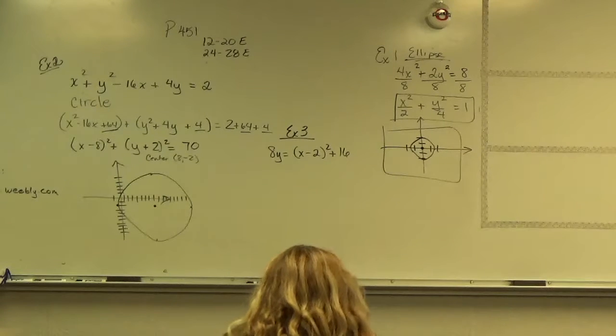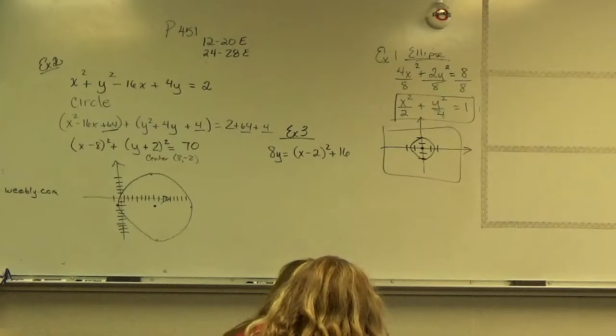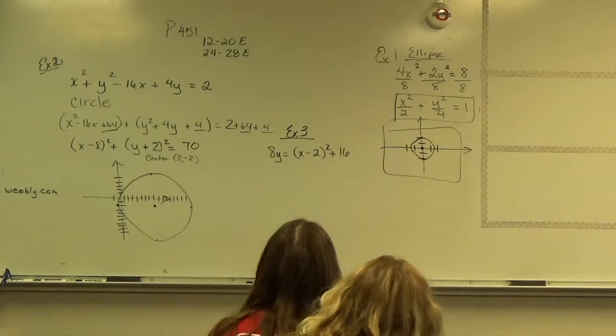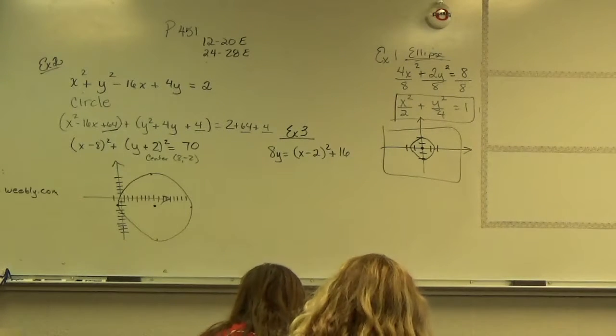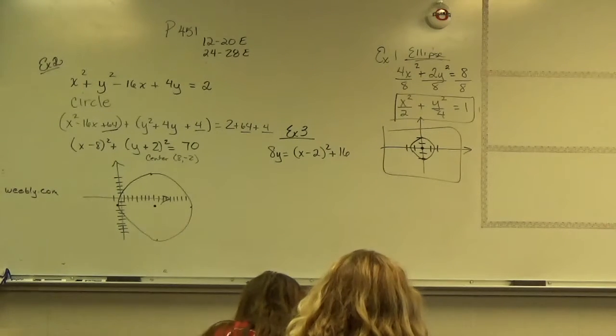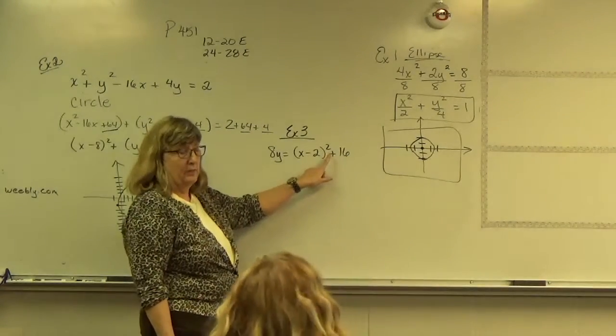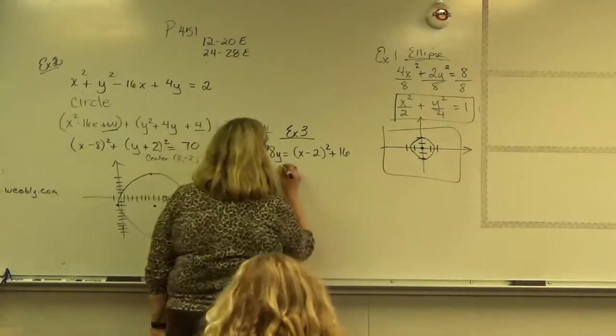And what's the key thing you look for when you're making a comparison? Are the variables squared? Are they both squared? So what do you think this one's gonna be, Riley? It's gonna be a parabola, because only one variable is squared, the x, right? Okay, so we're gonna say it's a parabola.